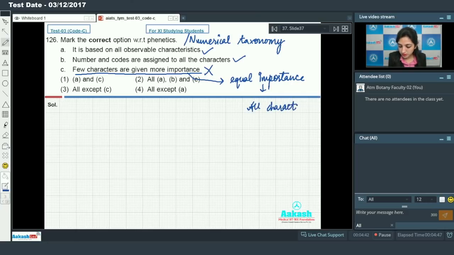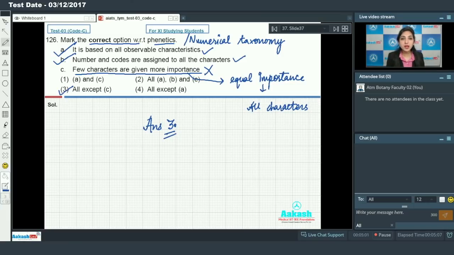So this is incorrect. Out of these three, which ones are correct with respect to phenetics? A and B, so all except C. Answer to this question is option number 3.